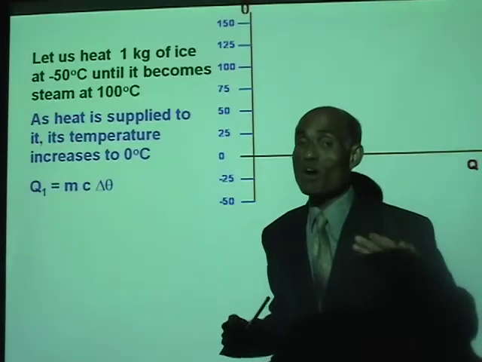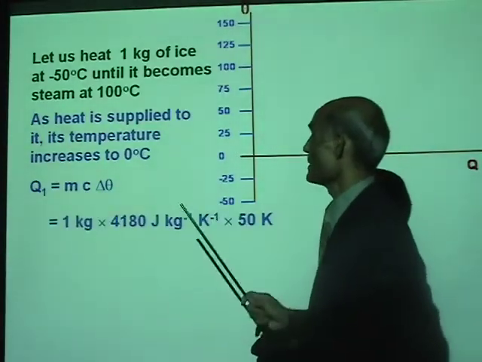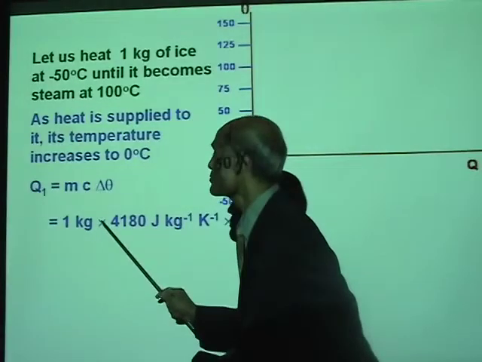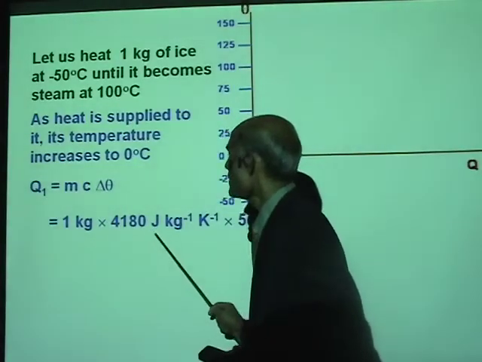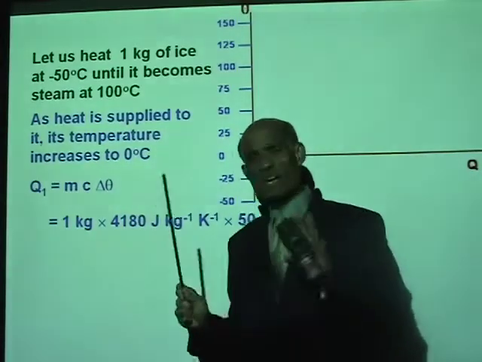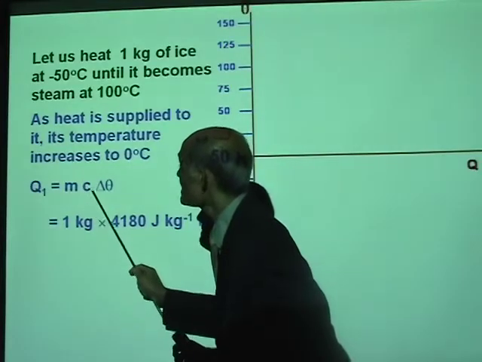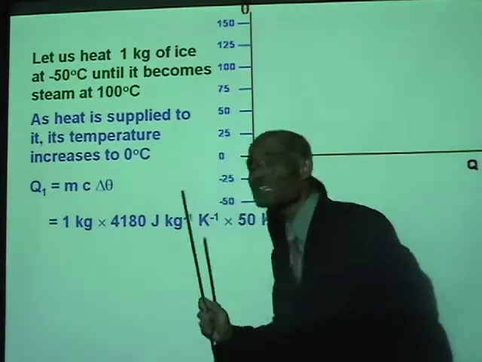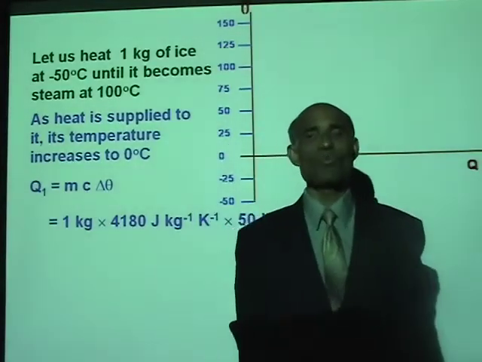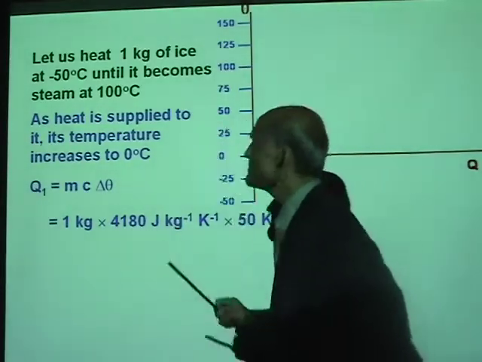And I think if you follow this, you can solve any problems of this type. And that's equal to 1 kilogram times. Actually, there is a small change you need to make there. I'm not going to make that change here. I'm just going to say, this is ice whose specific heat is not really the same as the specific heat of water. It's slightly different. So, in this case, I'm going to leave it there.